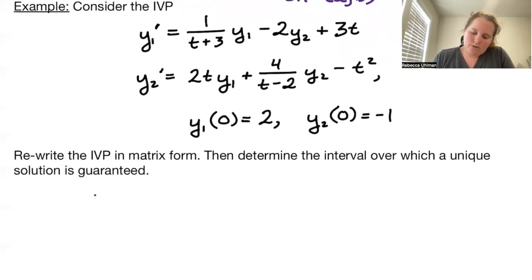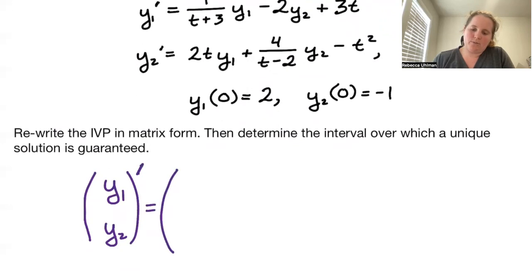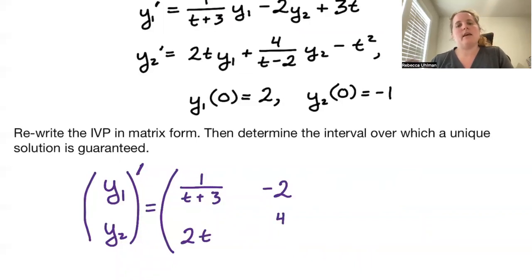So in matrix form, we will have the vector y1, y2 prime is equal to our coefficient matrix. 1 over t plus 3 and negative 2 forms our first row, and then 2t and 4 over t minus 2 forms our second row.